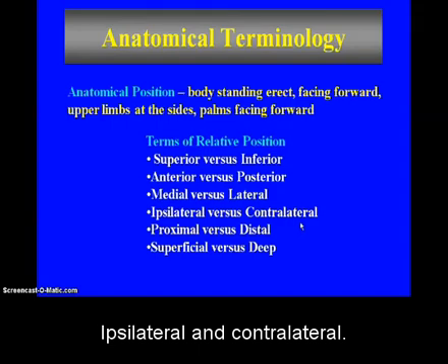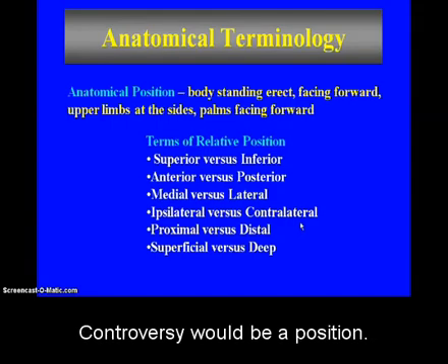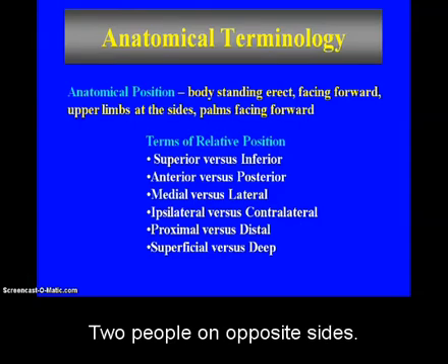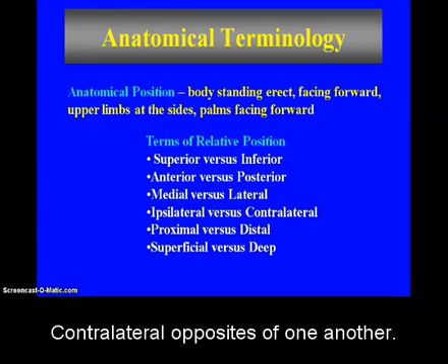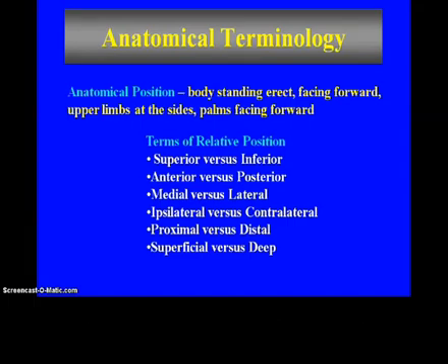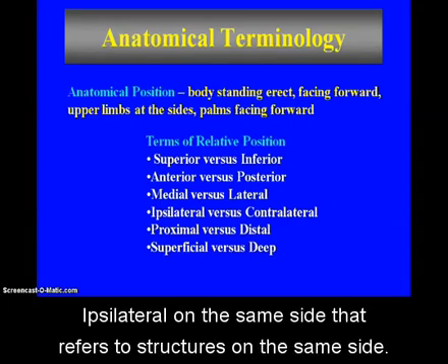Ipsilateral and contralateral. A contrast would be the position of two people on opposite sides. Contralateral, opposites of one another. Ipsilateral, on the same side. It refers to structures on the same side.